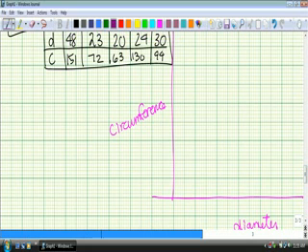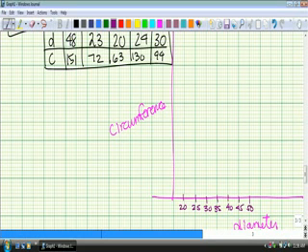Okay, you could count by twos, but looking at my grid, I'm going to count by fives. Okay, so 20, 25, 30, 35, 40, 45, and 50. Okay? Make sure on your scaling you count by the same thing from each tick mark. You do not skip any.